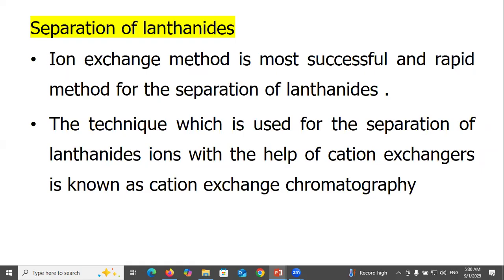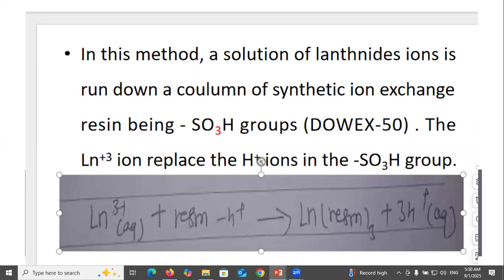The technique used for the separation of lanthanide ions with the help of cation exchangers is known as cation exchange chromatography.